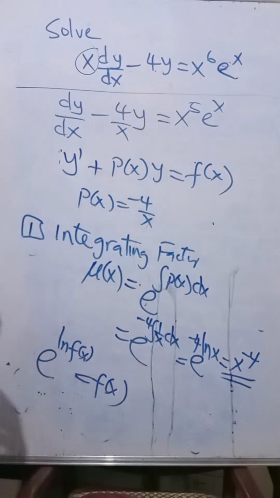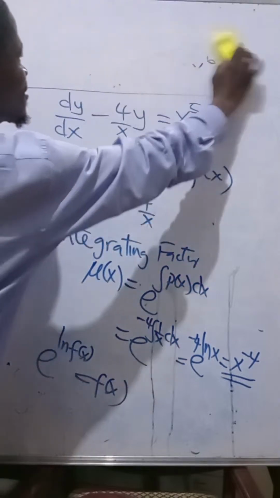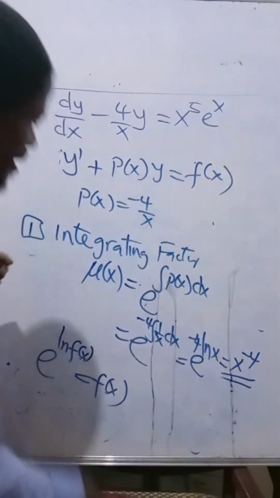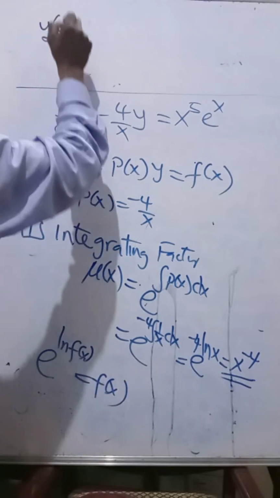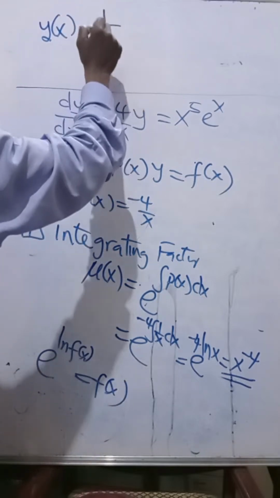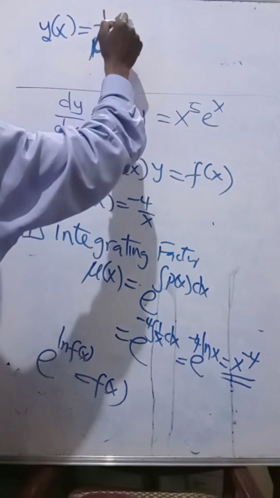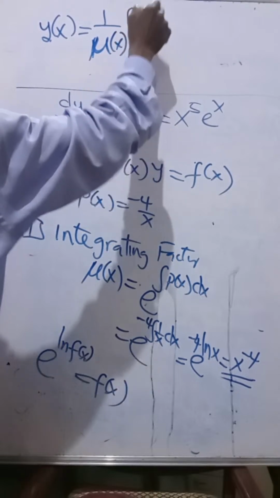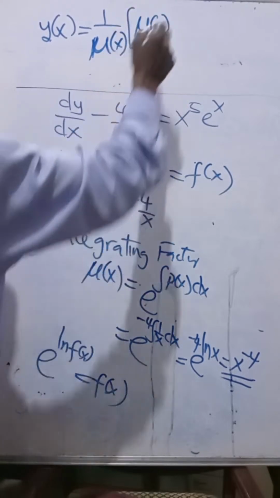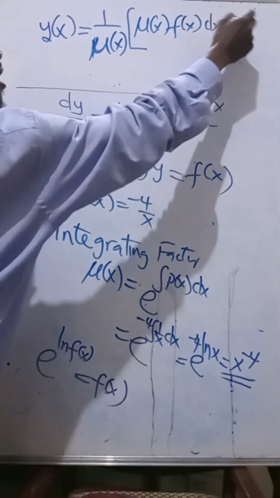The formula is this, which we call the general solution. The general solution is going to be 1 over the integrating factor as a function of x, open your brackets, integral of the integrating factor times your f of x dx, then plus c.